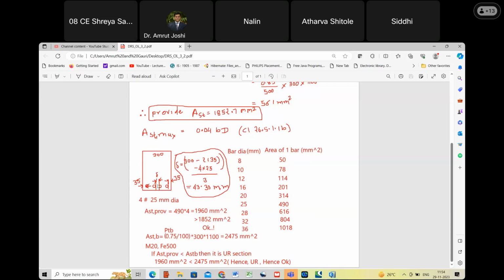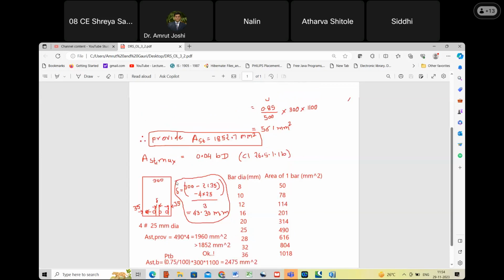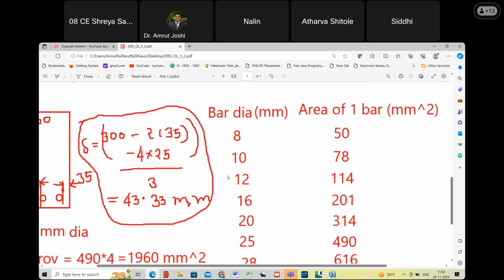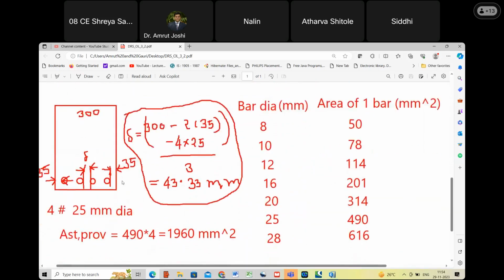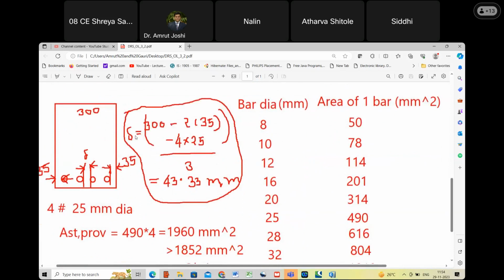We tried to calculate the clear distance between two consecutive bars, that we call delta. Are you with me? Yes, sir. So let me zoom in so that you can easily understand. So this delta, we are trying to calculate this delta. The width of the beam is 300 mm. From that 35 mm from the left hand side. Are you able to see my arrow?